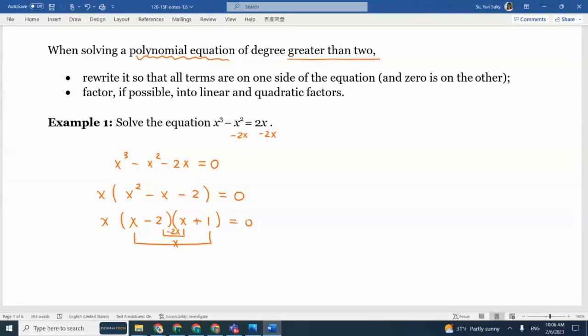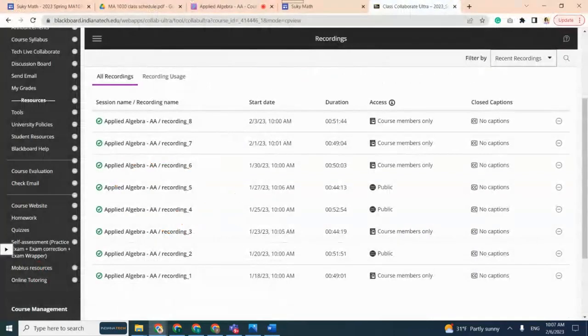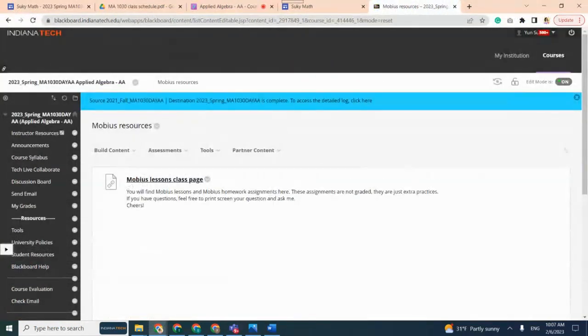Okay, everybody? This example is easy. So I suggest you do more harder examples. If you want more exercise on factoring, go to Blackboard. Click the Mobius resources and then Mobius lessons class page.